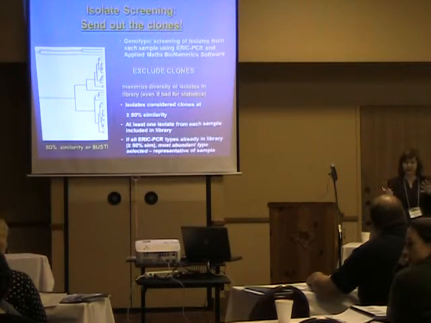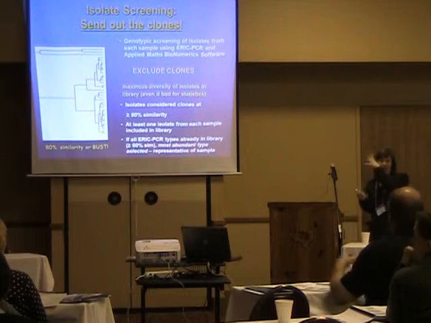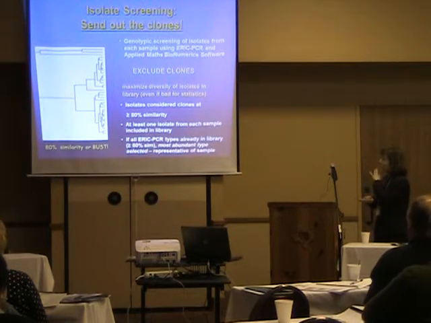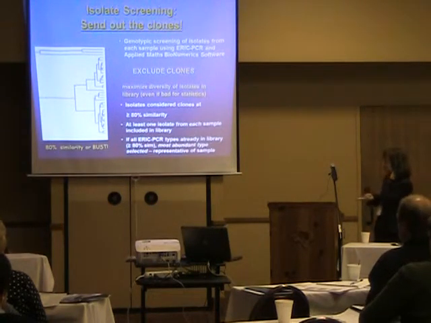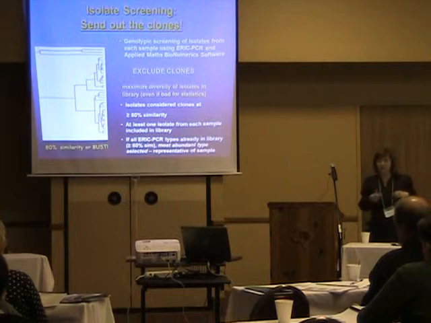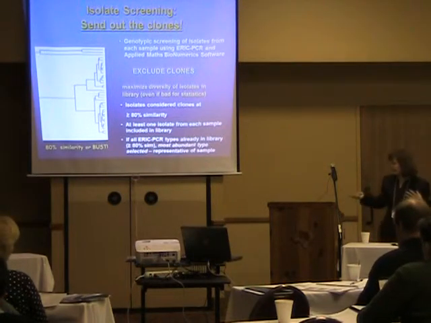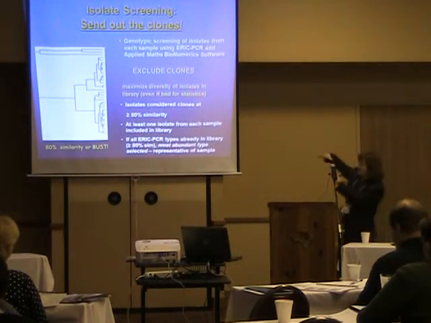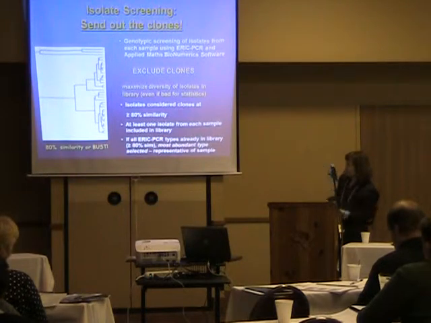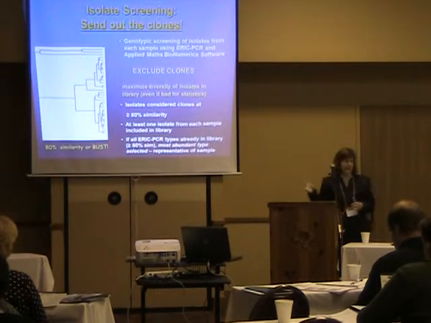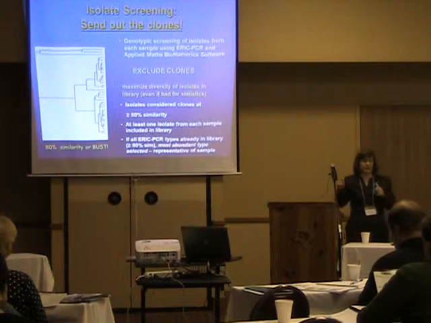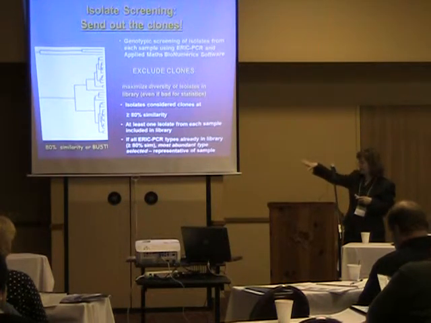Then they're the same pattern if we have anything 80 or 85 and above. So we kick out the clones. We use at least 1 isolate from each sample. And then when we were first developing these large libraries, we tried to make it as representative as possible. So if they were already in the library, regardless of source, then we just looked at the unique ones or used the most abundant.